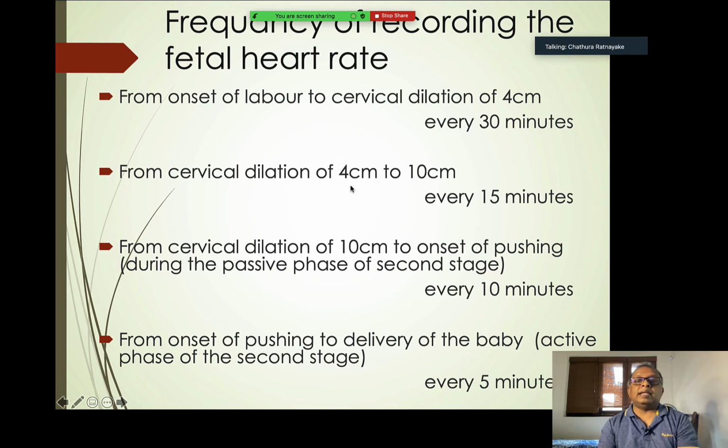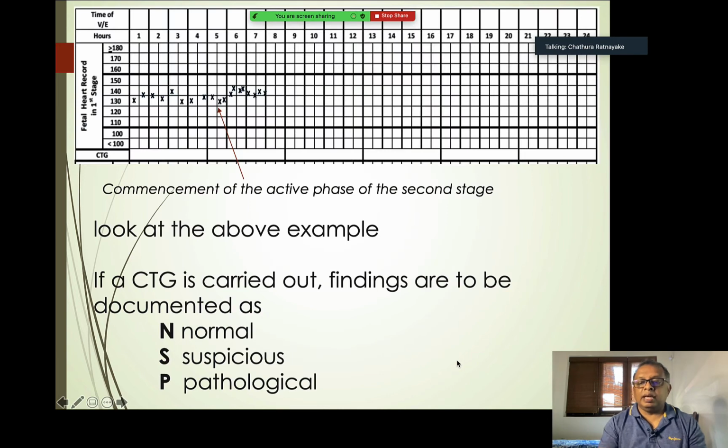Now we take the active phase as 6 centimeters to 10 centimeters, but still it is better to mark every 15 minutes, because this is the government regulation and this is what the instruction released with the partogram says. So, every 15 minutes from 4 centimeters to 10 centimeters. And in the passive phase, as I mentioned earlier, it used to be every 10 minutes, but no longer. It is better to get it after each contraction or at least every 5 minutes in the second stage.